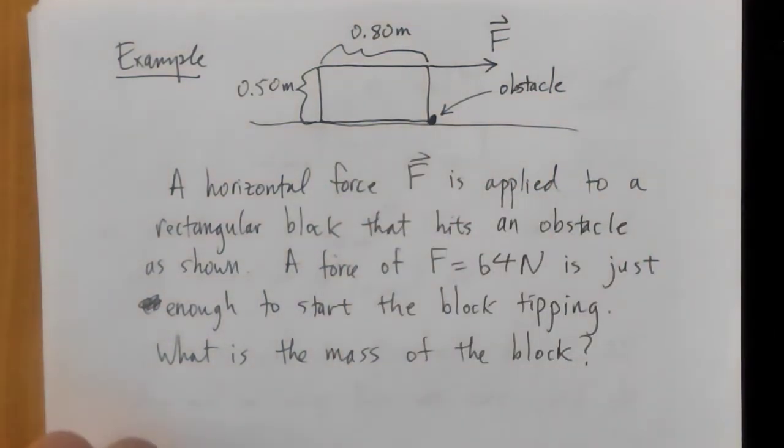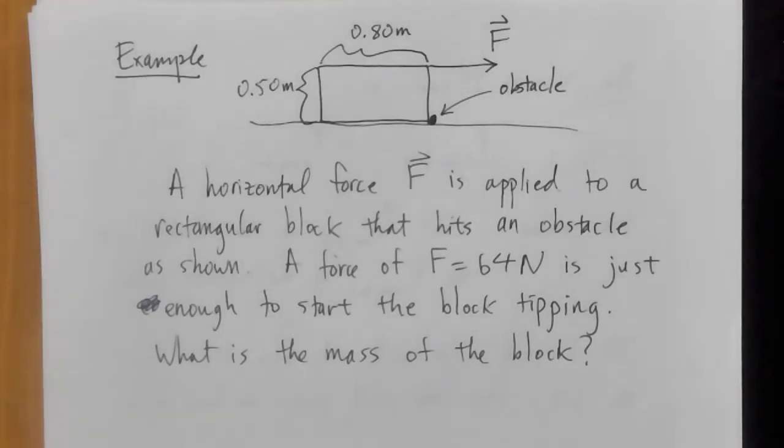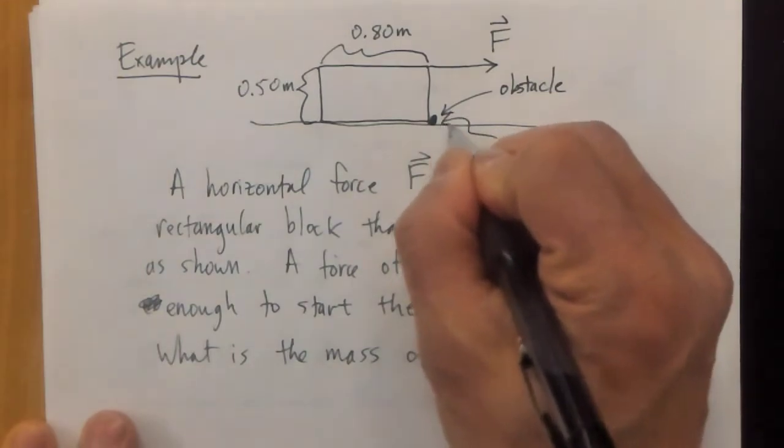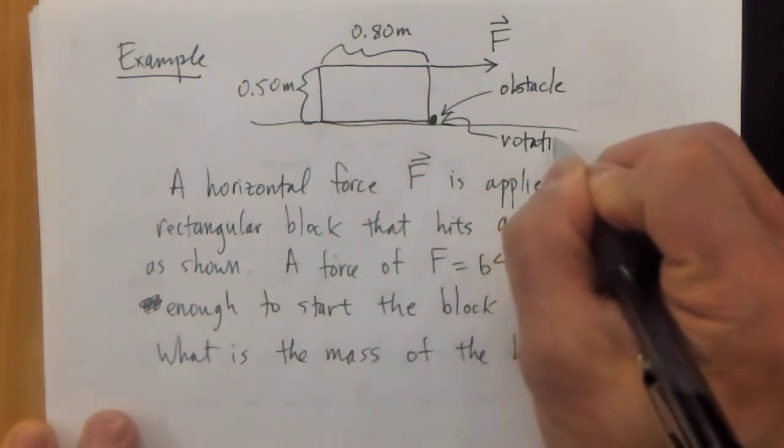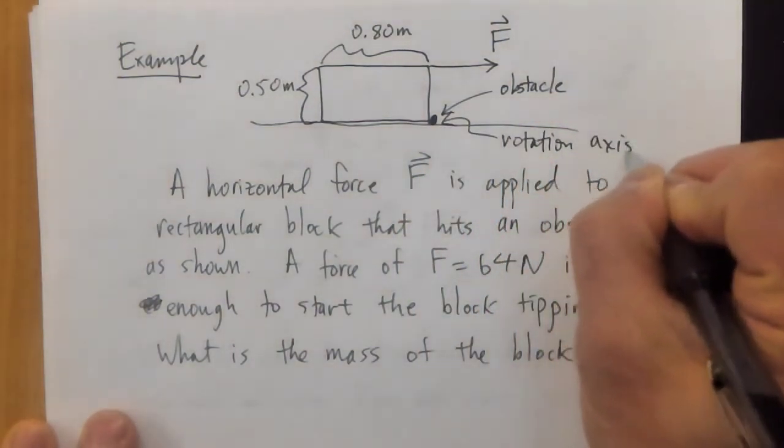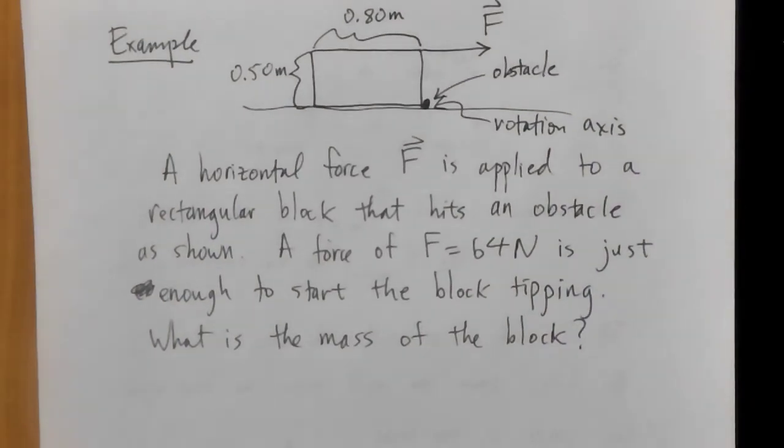Now, is it clear where we want to put the rotation axis? In this problem, it's kind of clear. It's a place where it's actually rotating. If the object really has a clear hinge, some place where it rotates, you should take that as your rotation axis. So that's what we're going to do. In some problems, the rotation axis is just staring you in the face.